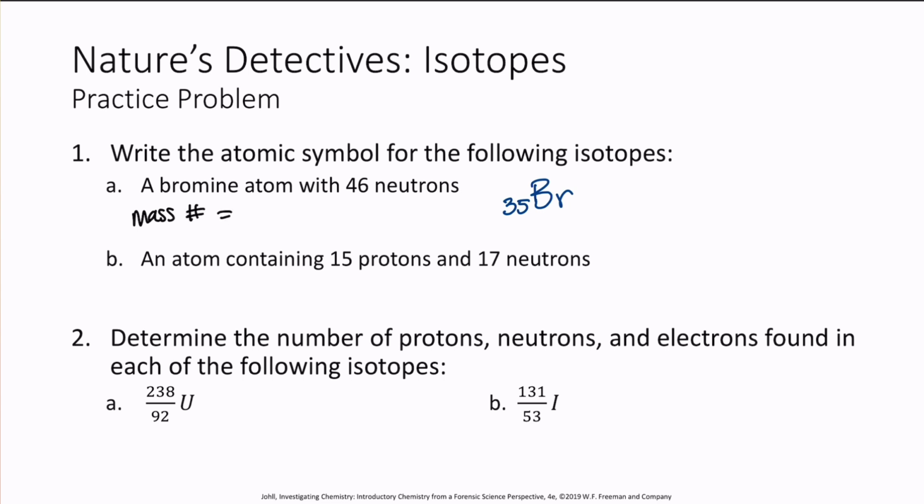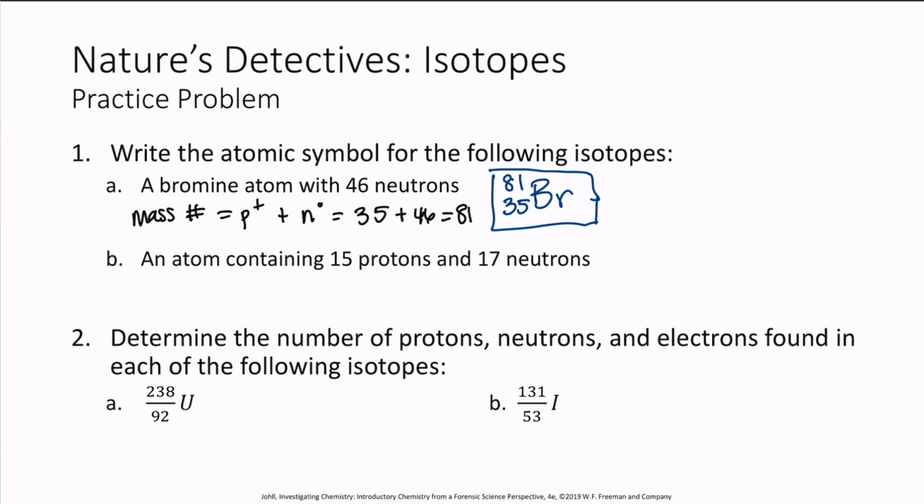So the mass number is equal to the number of protons plus the number of neutrons. So for this example, I'm going to take 35 plus 46, and that will give me my mass number. So my mass number is going to be 81, and I can take that and put it in my isotopic symbol. So this will be my final answer here.